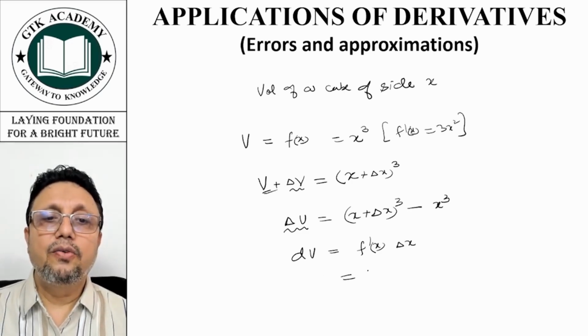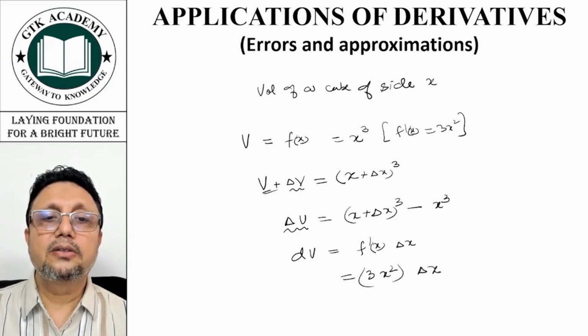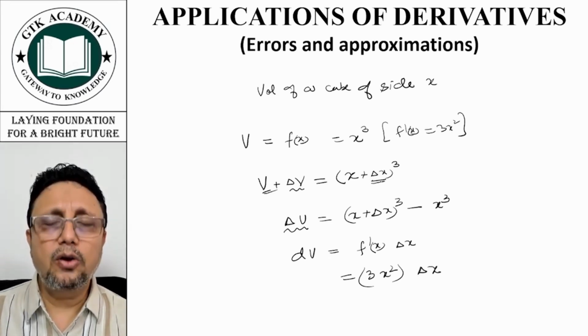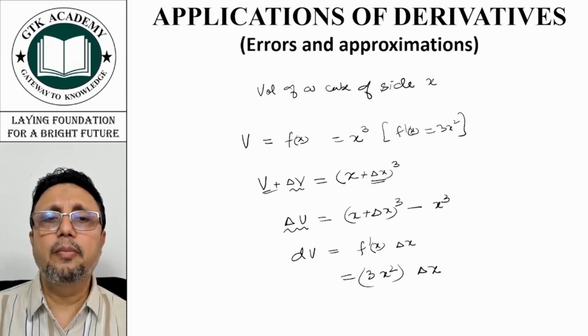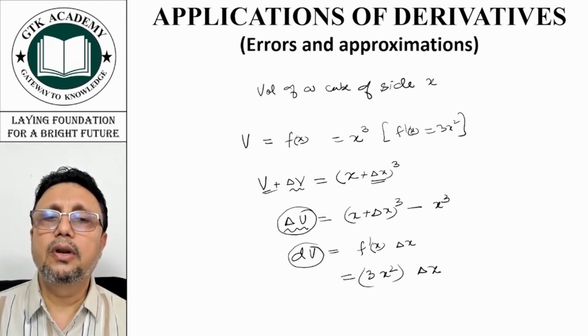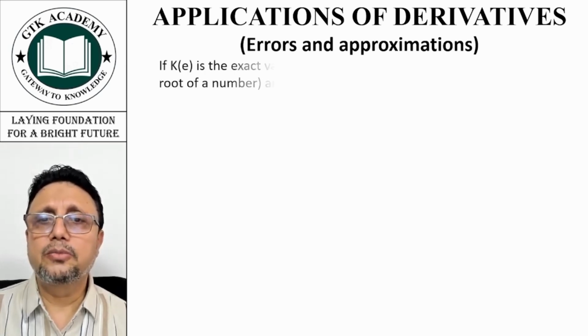So here we will get 3x² into Δx, right? So Δx may be the increment, or it may be the error also. Suppose you make a very small error while measuring x, so this will result in a small error in V, which is ΔV. So you can find the accurate value or the approximate value like this. I hope that you got an idea, which will be more clear once we start doing the problems.